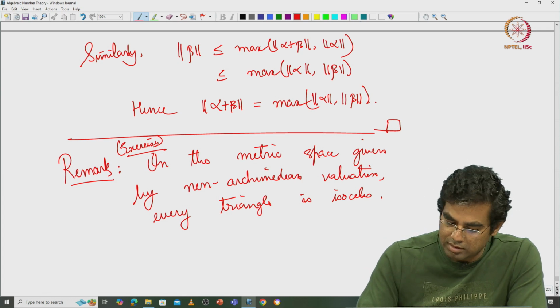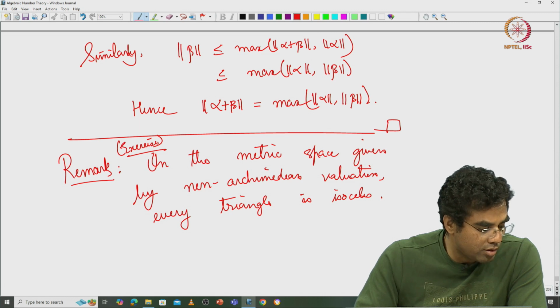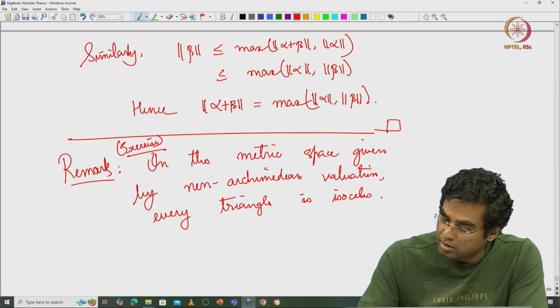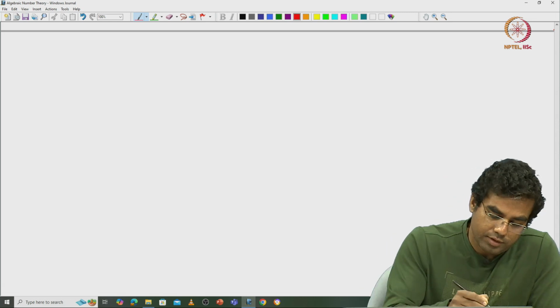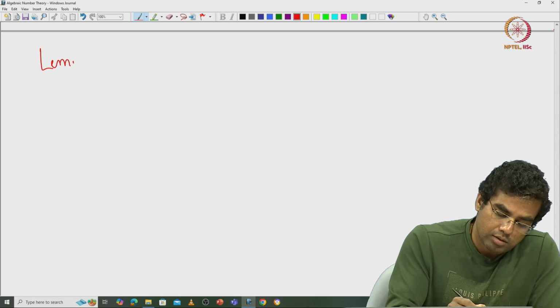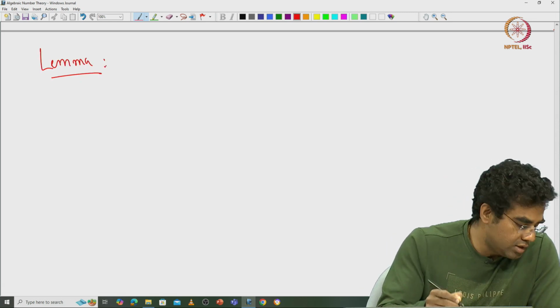So that's something curious that you don't see in usual geometry, but you see in non-Archimedean geometry. So that's why people find it strange at first, but non-Archimedean metric is actually much easier to work with.